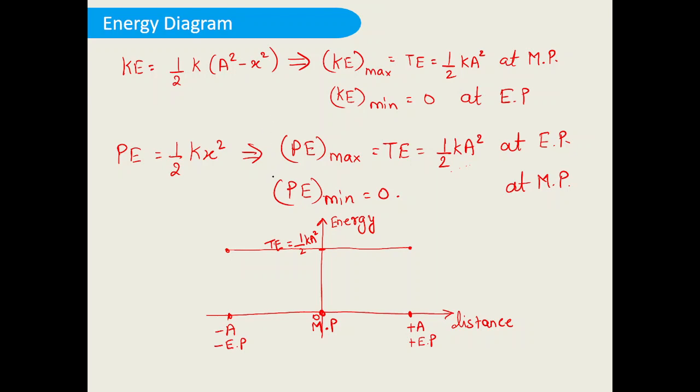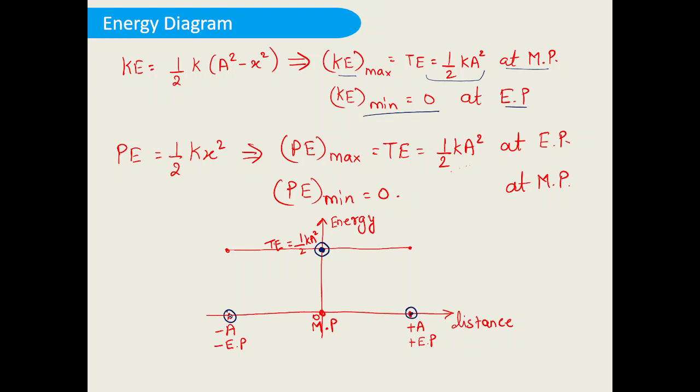Now, kinetic energy is maximum at mean position and it is equal to half k a square. So this is the point of kinetic energy. Okay, and at extreme position the kinetic energy is zero. So this is the point of kinetic energy.